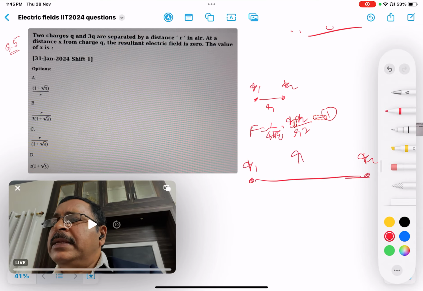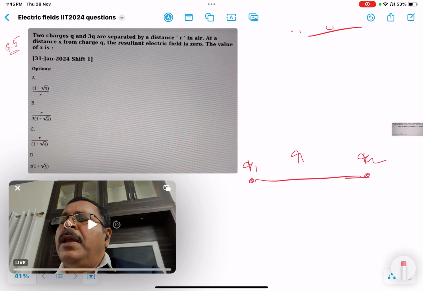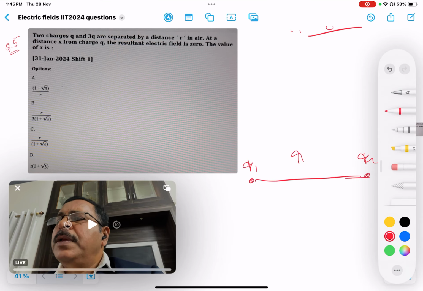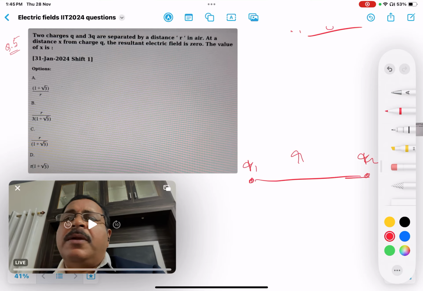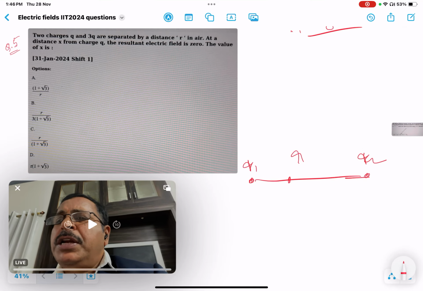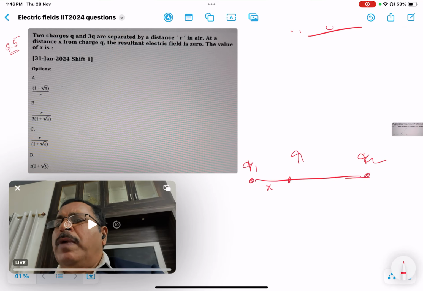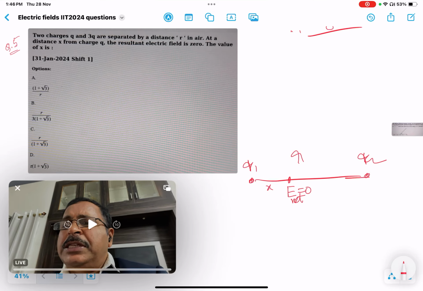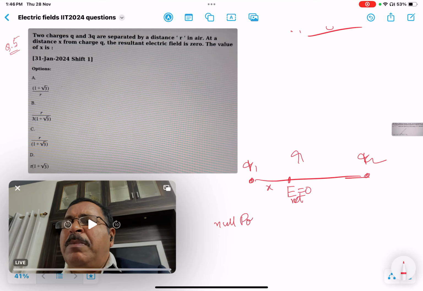So they are separated by the distance r. The question is, at what distance from Q1 is the net electric field 0? This is nothing but the null point position, my dear students.